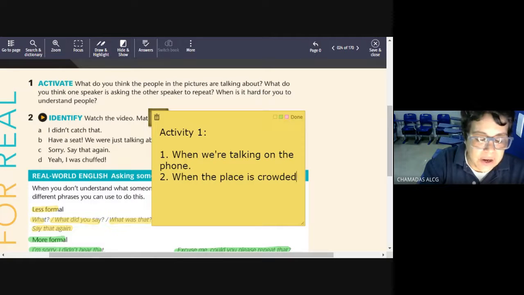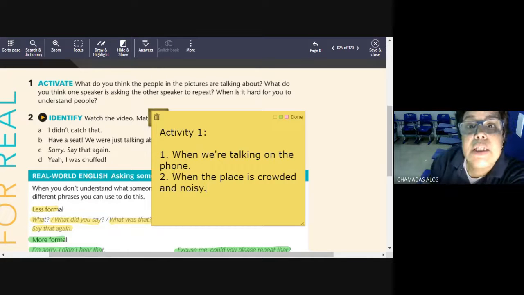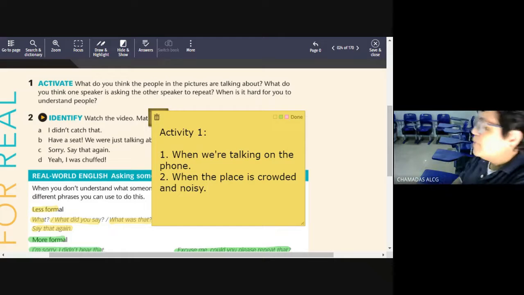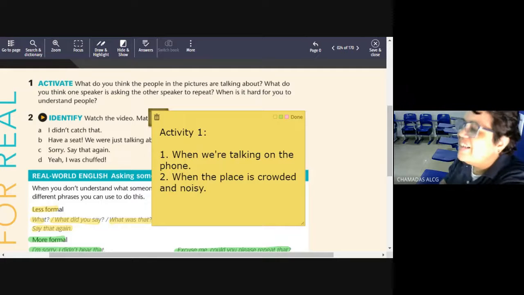When the place is crowded and noisy. This is a very important condition because sometimes the place is crowded, but everybody is silent. In this case, no, everybody's talking, right?